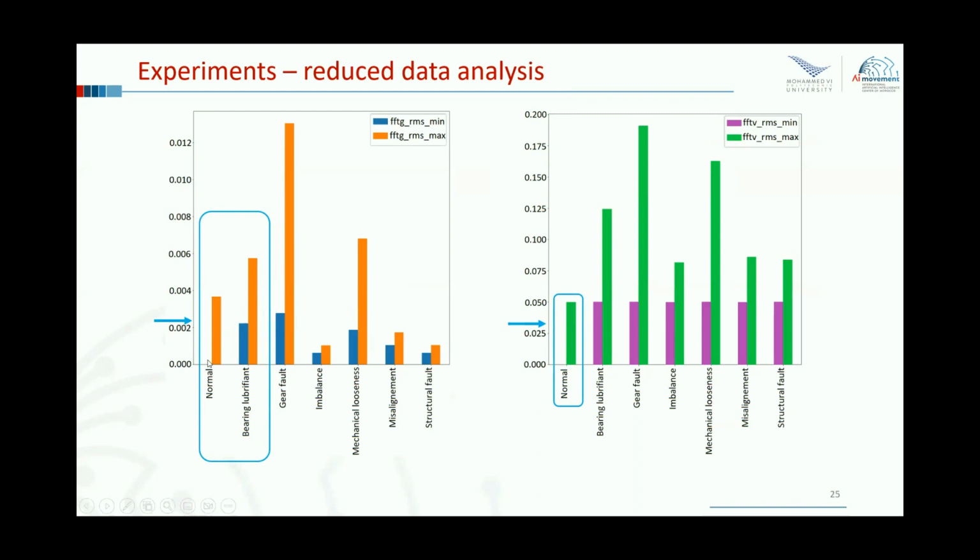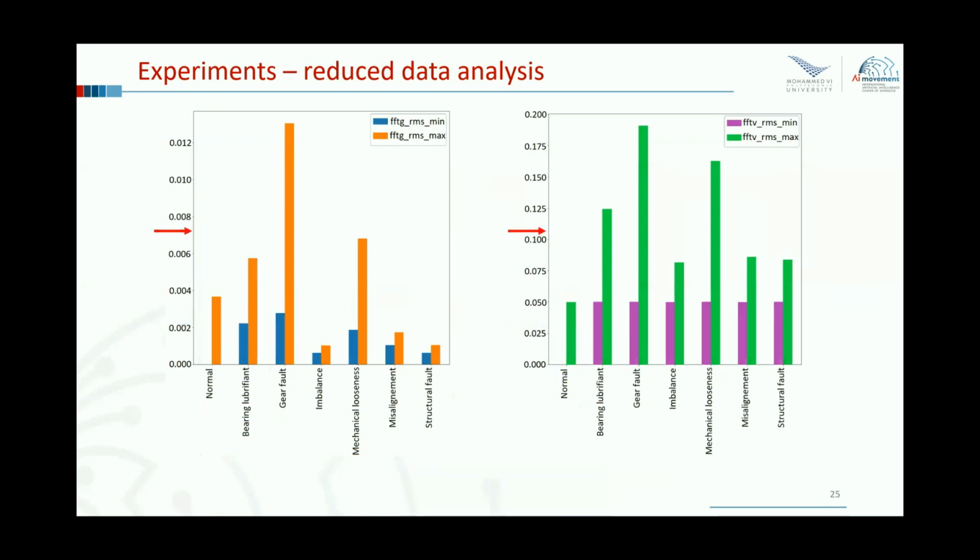For this one, we have normal state and bearing lubrication fault, while in the velocity spectrum, the value belongs only to the normal state, which means that the machine is now in its normal state.